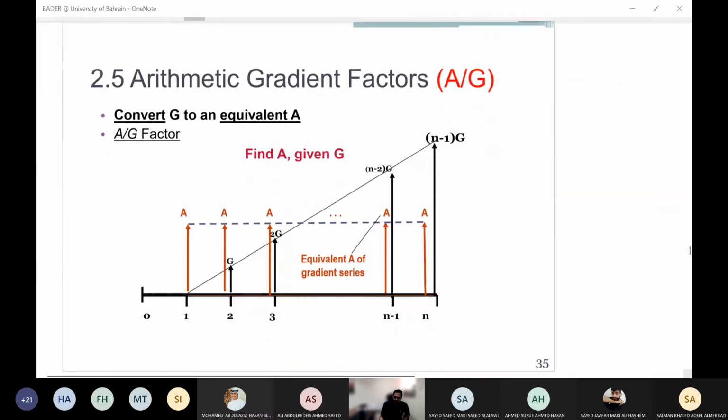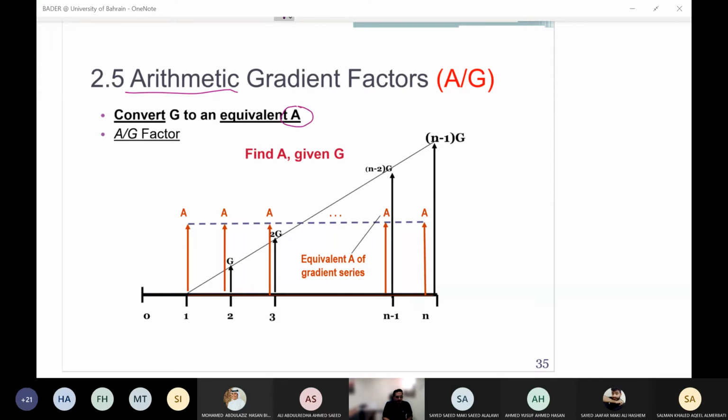So guys, that was something of interest, and this part I'm going to explain and then I'm going to stop, because I don't want to overdo it. Here it says, Badr, I have an arithmetic gradient, and actually I want to convert it into annual.